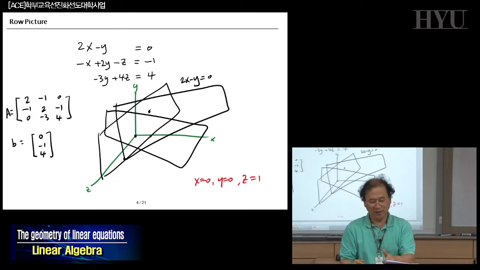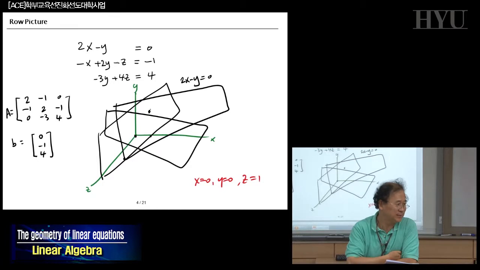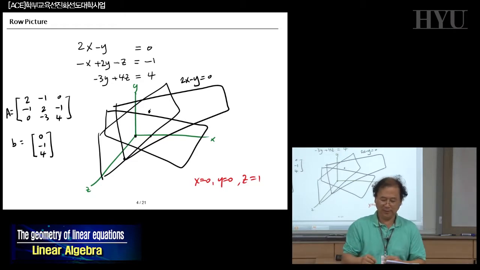So when you somehow draw 2x minus y, what is that? Point or line or plane? Plane, right? So basically, it's these things I try to draw, but this is really not easy.